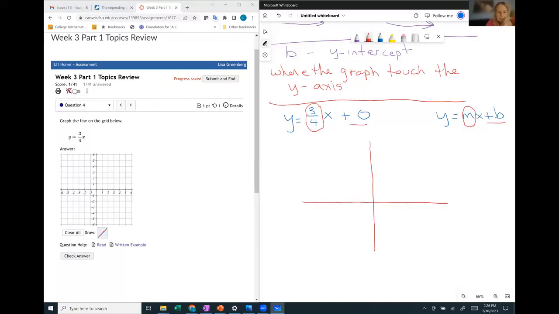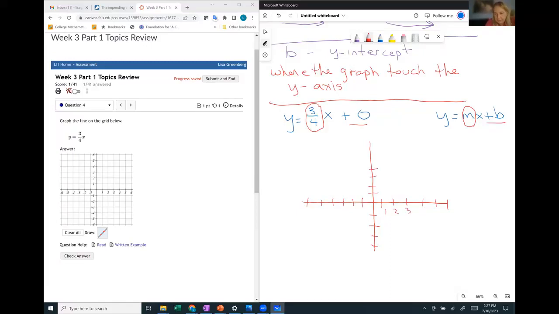I would draw a graph, or I would plot it there, but I can't. And we'll say this is 1, 2, 3, 4, 5, 6. 1, 2, 3, 4. 1, 2, 3, 4, 5, 6. 1, 2, 3, 4. Okay.